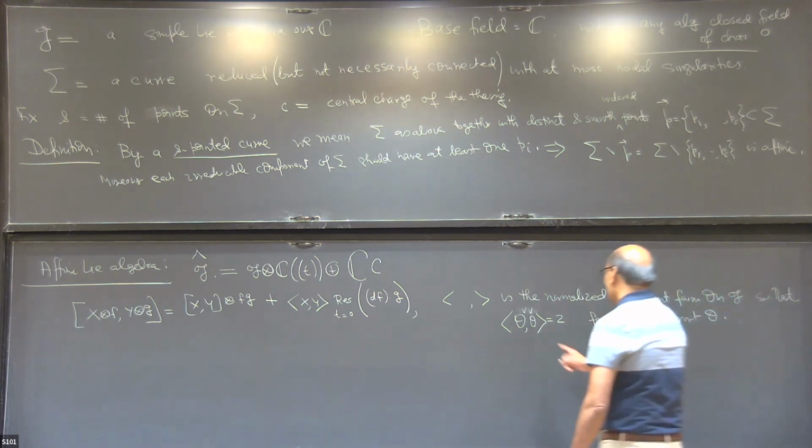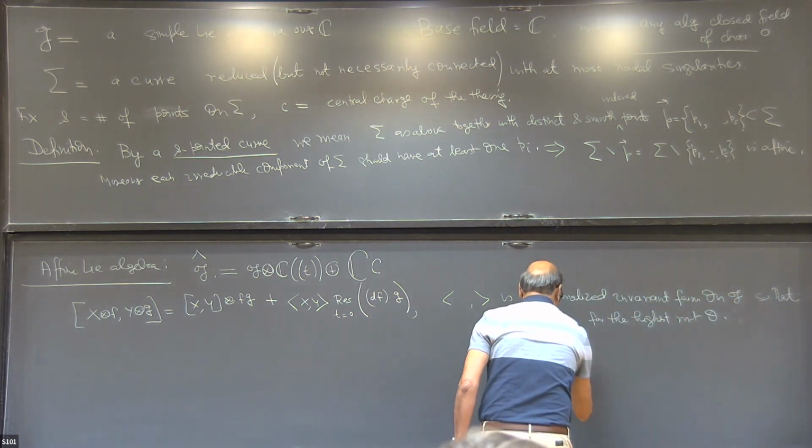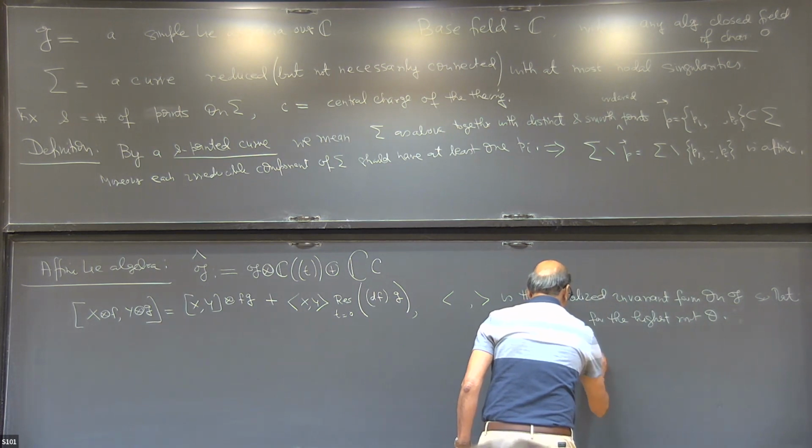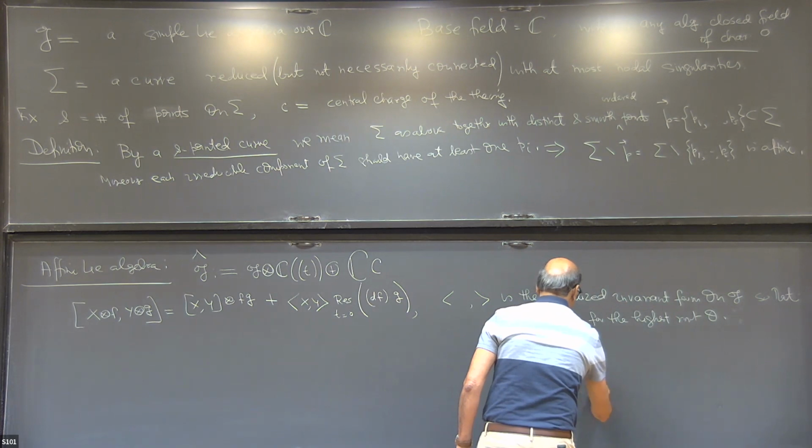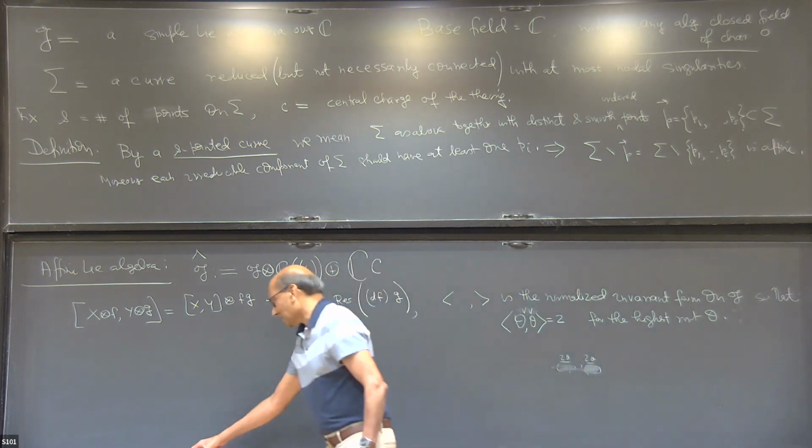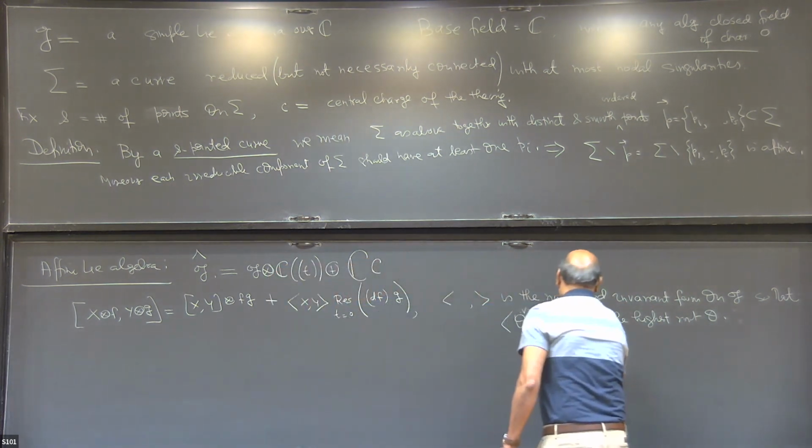I want to make sure that this is equivalent to that: so this will be 2 over the form of theta with theta, and the form of theta with theta is 2. So yes, that will be equivalent to that.